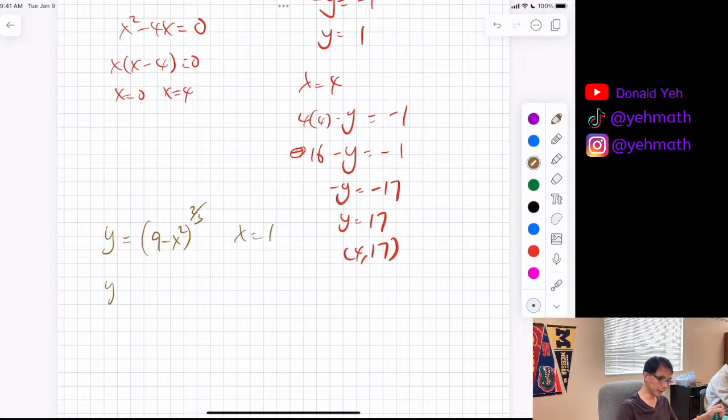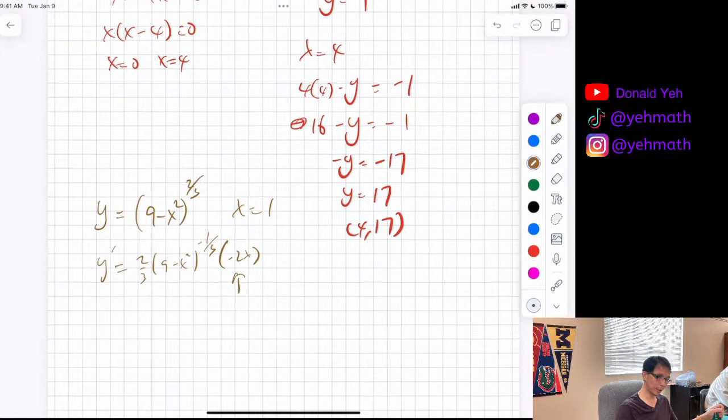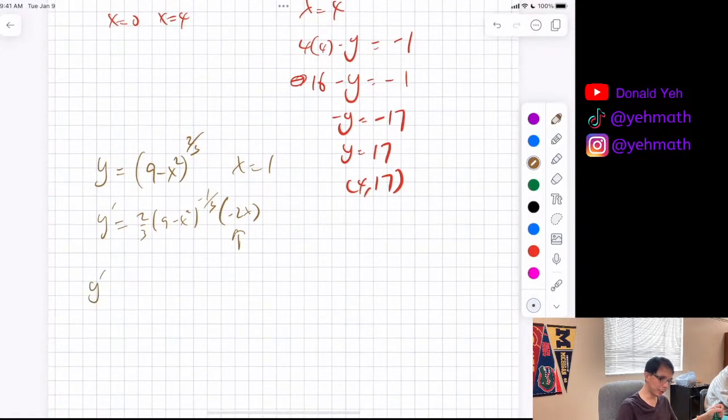At x equal to 1. Okay, so y prime is equal to 2/3 times (9 minus x squared) to the negative 1/3, times negative 2x. Do you have that? Did you forget to take this? No, it's supposed to be the chain rule. And then you plug in 1. So that's (9 minus 1) to the negative 1/3, times negative 2 times 1.